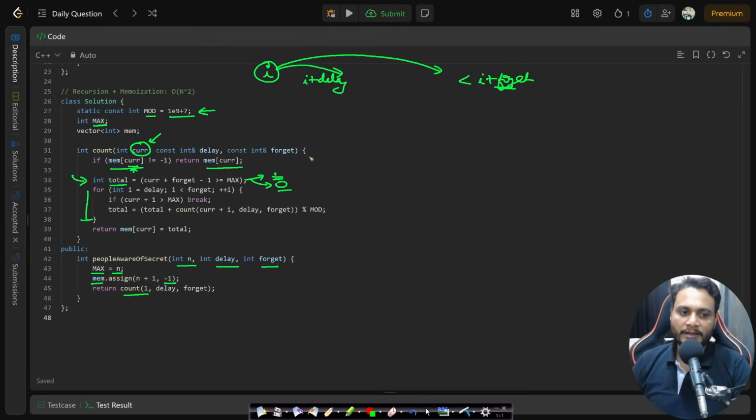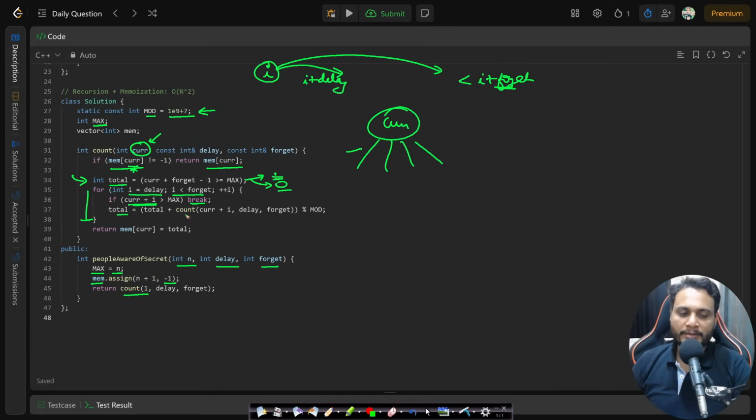After this, for this current node we will be trying all the branching, and the branching will start at current plus delay, because I is equal to delay. So current plus delay, and it will go to less than current plus forget. And if at any point the current plus I exceeds the n value, then we will break out.